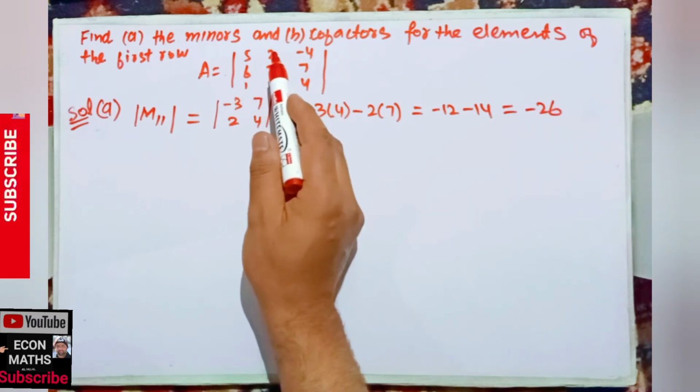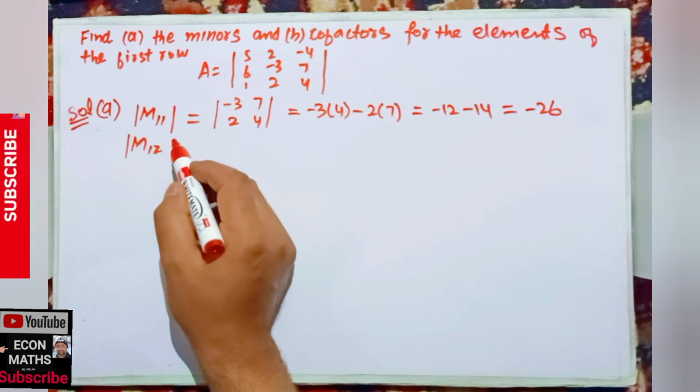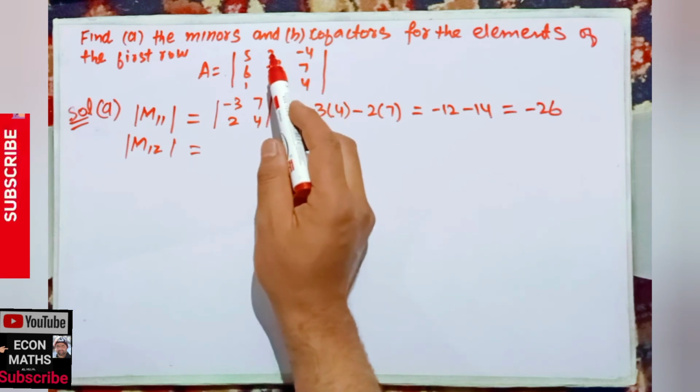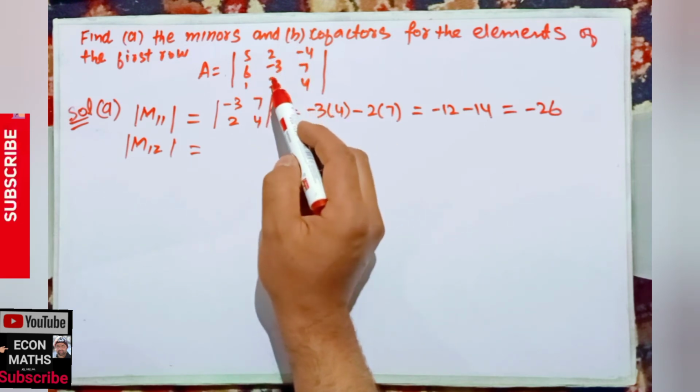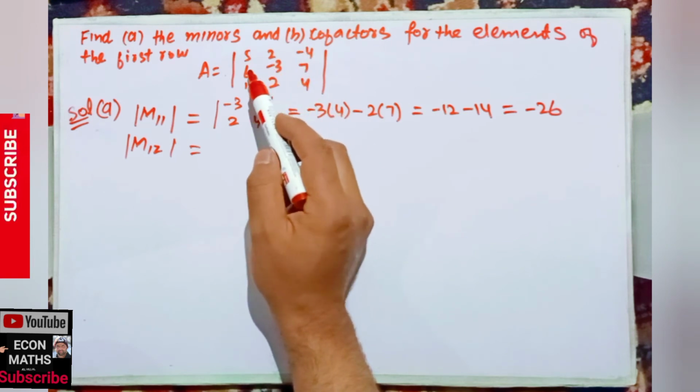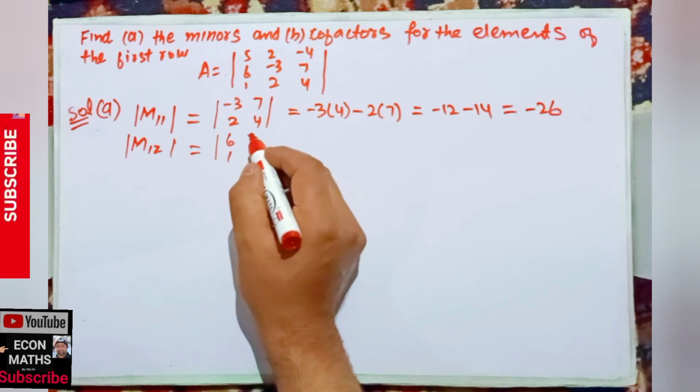Now the minor at the second element is denoted by M12. We will mentally delete the row and the column in which the second element appears and take the determinant of the remaining elements. The remaining elements are 6, 1, 7, 4. So I will write here 6, 1 and 7, 4.